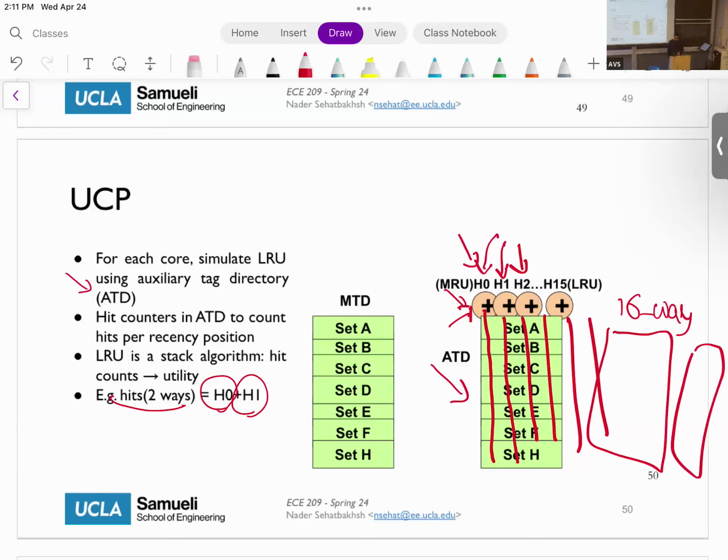And then you can actually repeat this for all the applications. So you can have one of these auxiliary tags per application. So for the same sets, you have multiple of these auxiliary tags. Each one has its own counters. And this way you limit them to the number of ways. So saying that, okay, if it was only way 1, or it was way 1 and way 2, and then way 1, way 2, and way 3, and so on, how does this change the hits, okay?